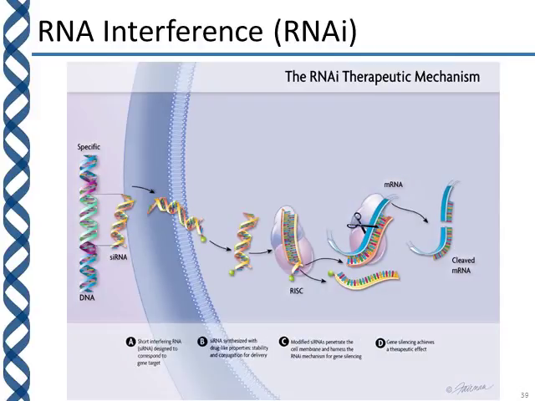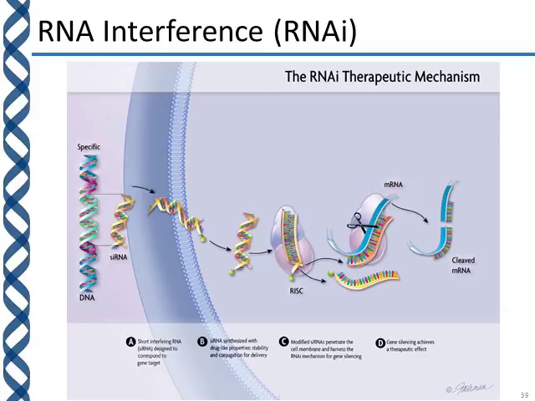Here we show the therapeutic mechanism of RNA interference. So we start with A. The short interfering RNA is designed to correspond to the gene target. B. The siRNA synthesized with drug-like properties. It has stability and conjugation for delivery.